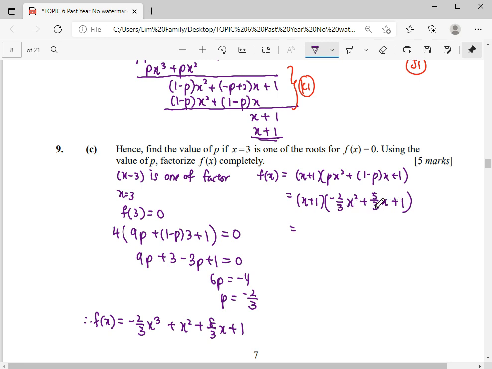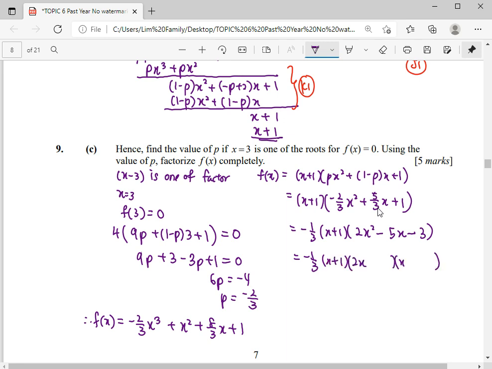Let's say this fraction is 1 over 3, so we take out this negative 1 over 3 so that our quadratic will be positive. Then only can we factorize it easily.